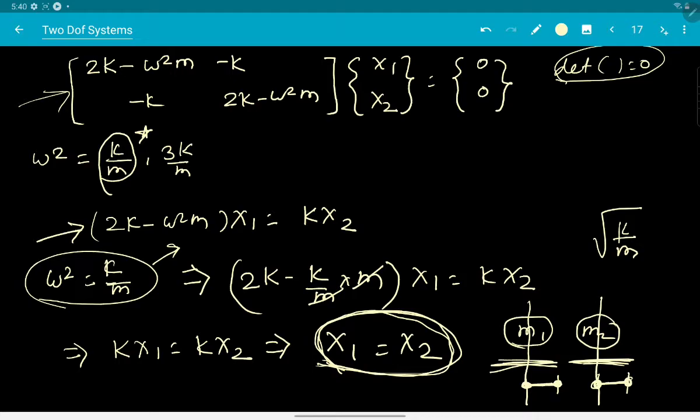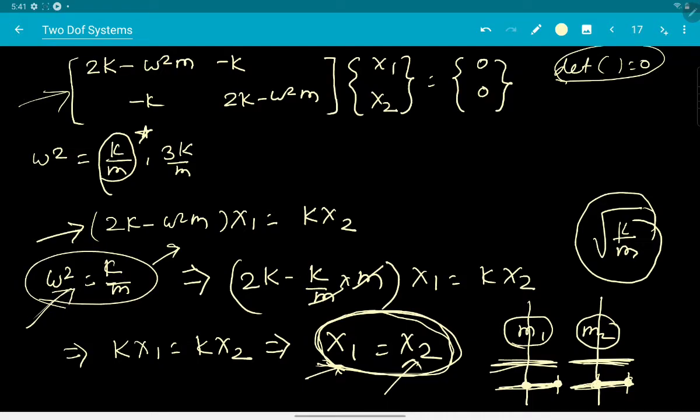So that means that they are carrying out synchronous motion. They are always in sync with each other. x1 and x2 are identical. Their circular frequency of oscillation is square root of k by m, and their amplitudes are also identical. Okay, so this is what we have obtained when we considered the first omega square value, which was k by m.